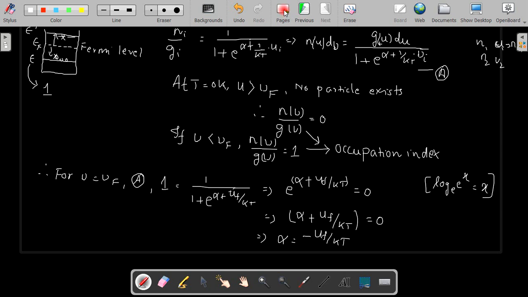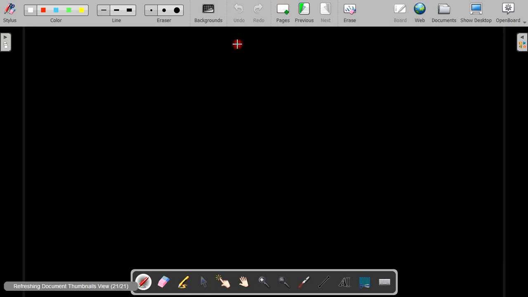Okay, so if we do that, let's take a new page. What was our A? Just like in quantum mechanics we use conditions to derive unknowns, here also we are going to do the same.